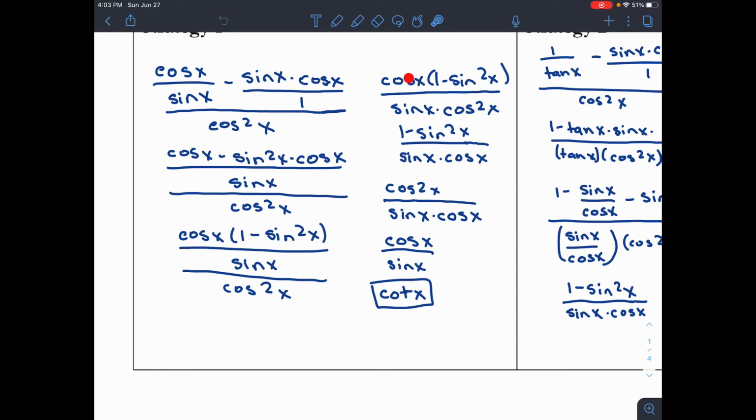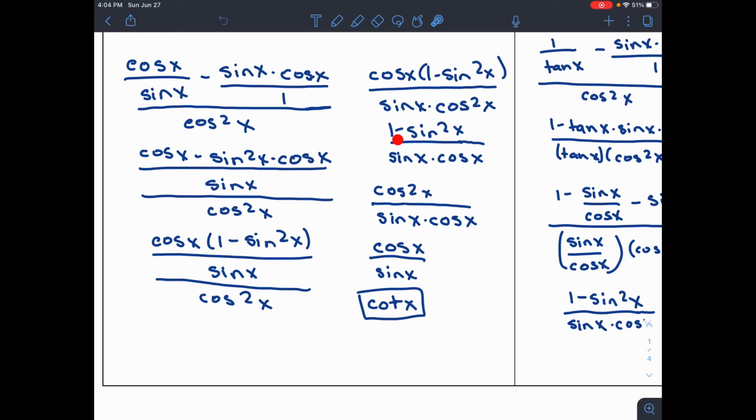Because there's a cosine x here and cosine squared x here, one of them cancels out, so we would just have cosine x here. So that's why there's 1 minus sine squared x over sine x times cosine x.